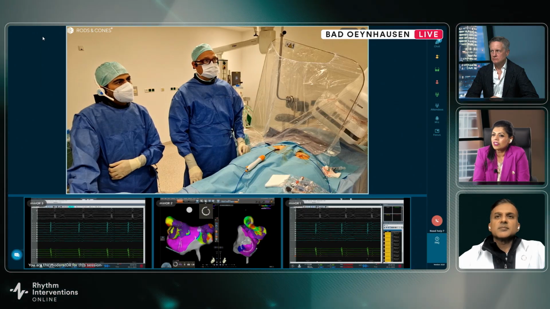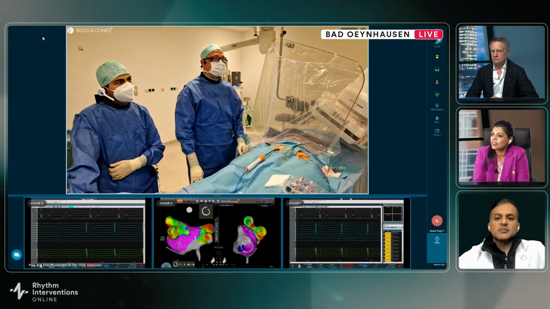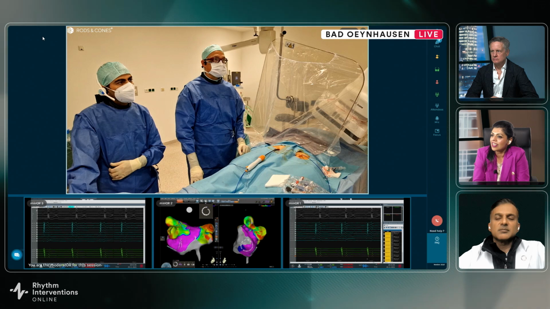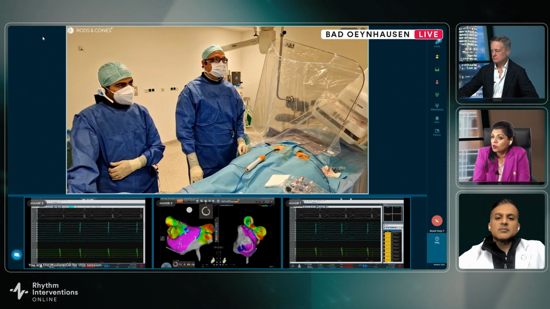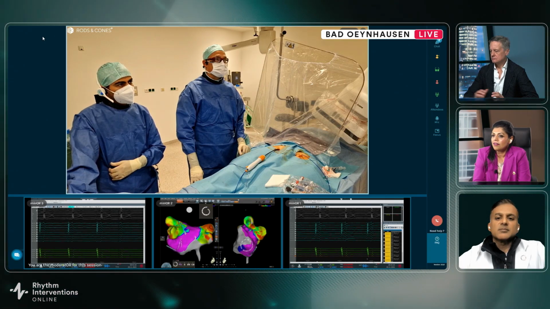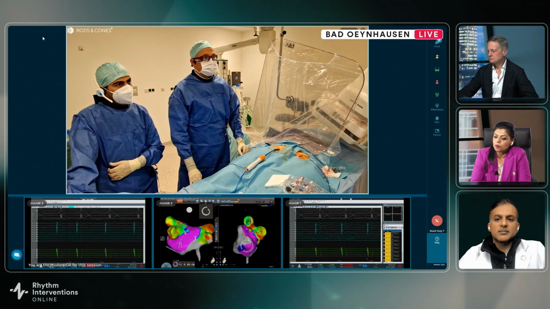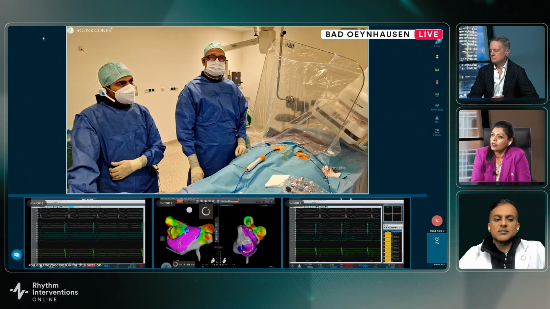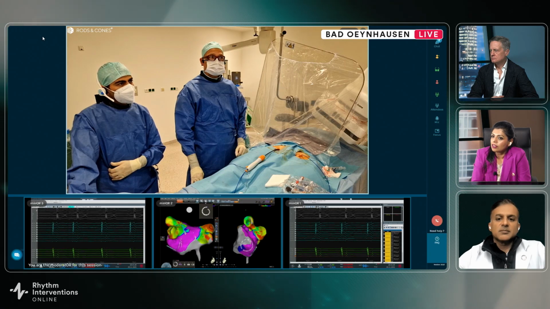And once you make every lesion count, that's my theory about this, not applying the energy until you know for sure that the lesion is going to be good, I think you get a pretty good, durable PVI isolation, even chronically. When we come back, they usually match. There's not usually a spread of the voltage, and it is contained within where we did the ablation. I don't see a lot of bleed-through with the catheter for sure.